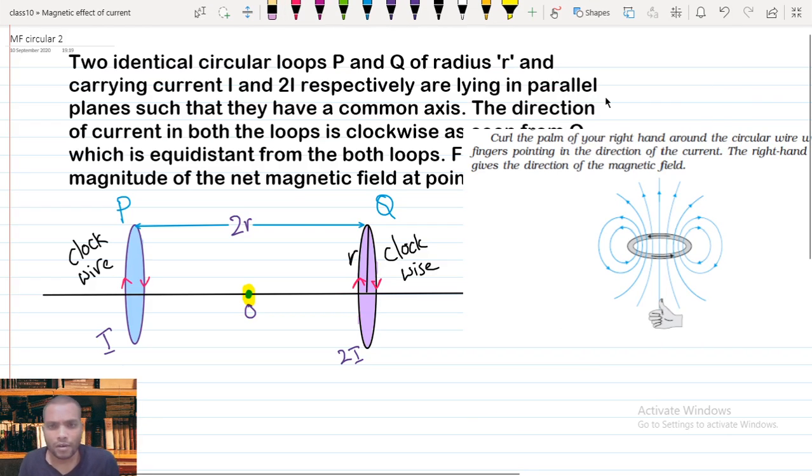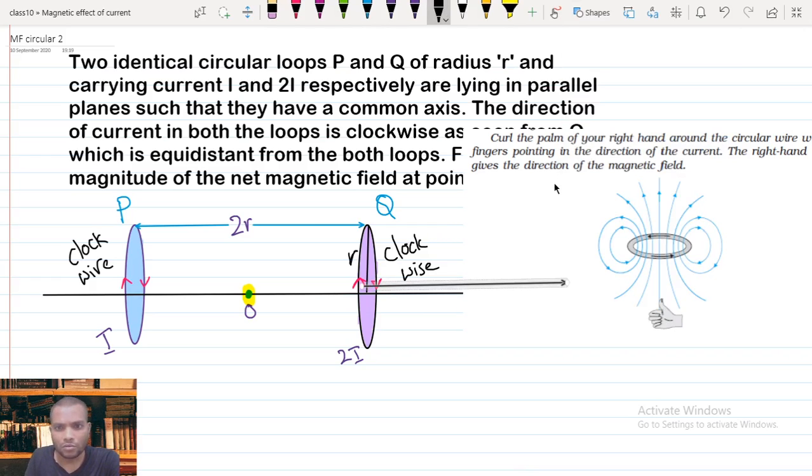Now curl your right hand fingers in the direction of current, and the extended thumb indicates the direction of the magnetic field. In this case the direction of the magnetic field is along the positive x-axis.